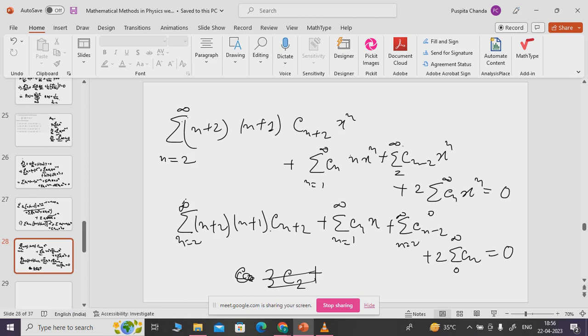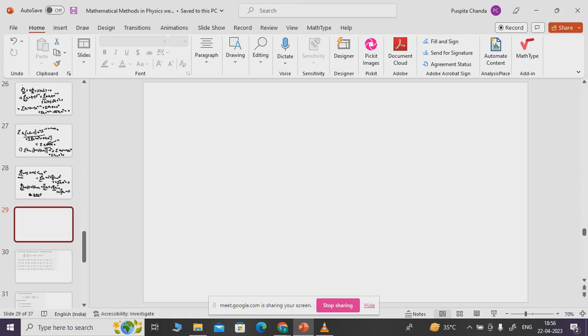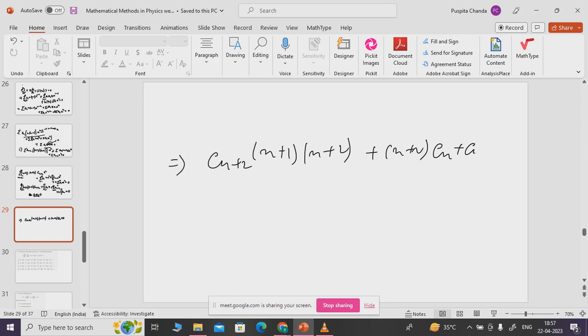Let us first write the recurrence relation at once, where it will be c(n+2)(n+1)(n+2) plus n+2 cn plus c(n-2). It is like that.